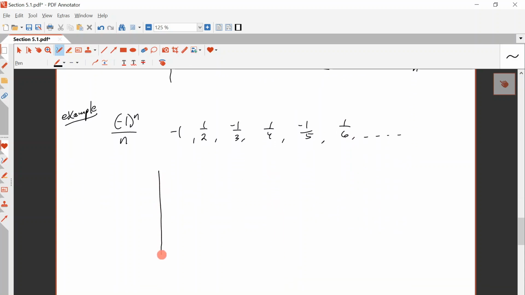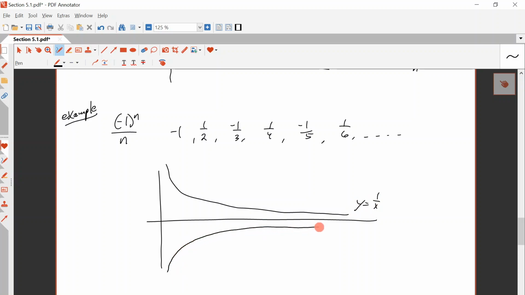All right, well, what does this one look like? Here's the function y equals 1 over x. Here's the function y equals minus 1 over x. So this sequence is bouncing up and down between the two curves. However, both curves are tending to 0.